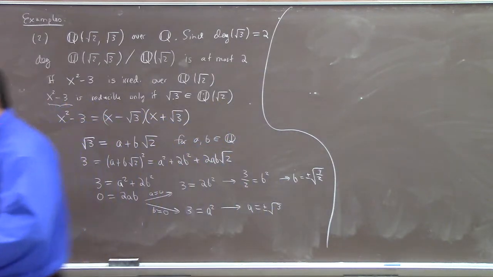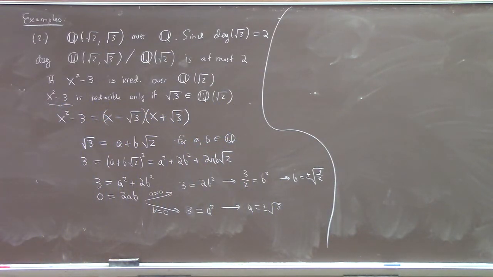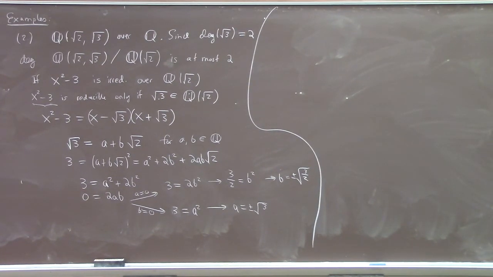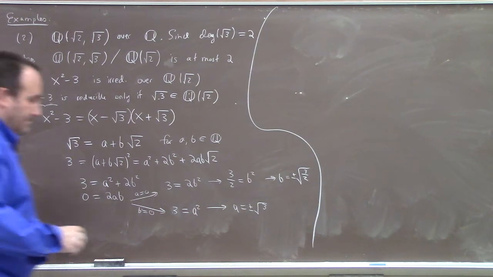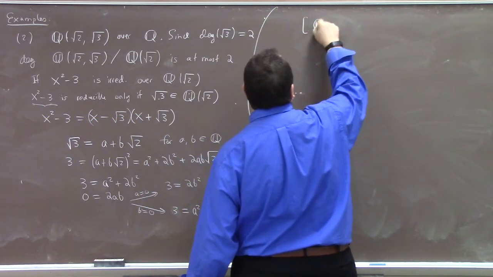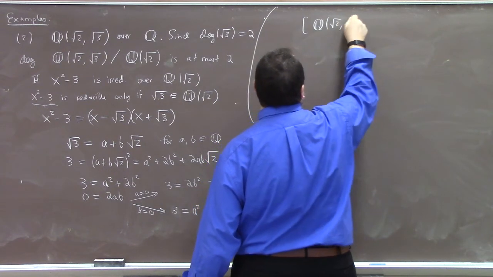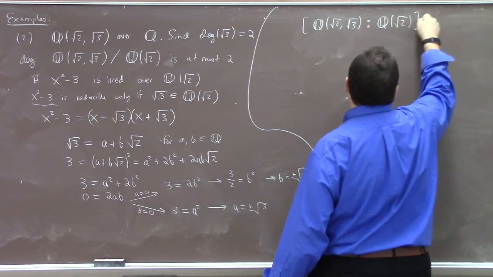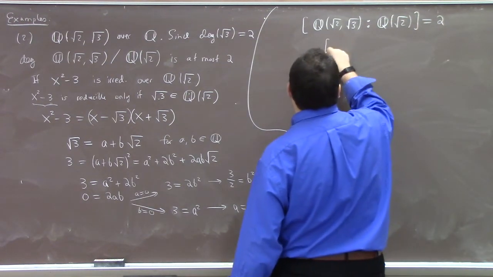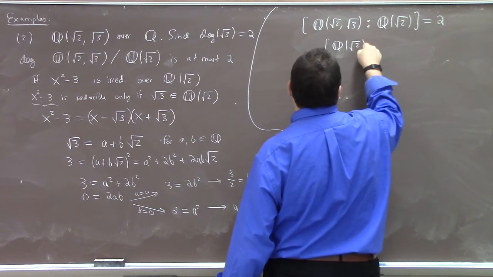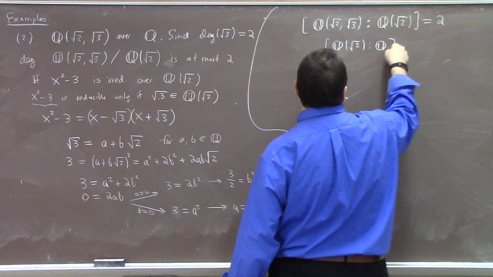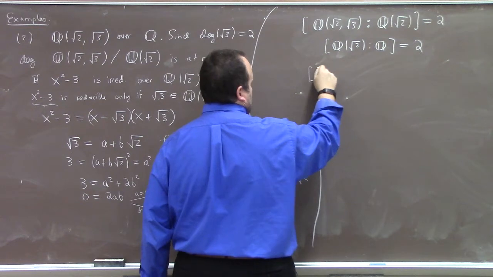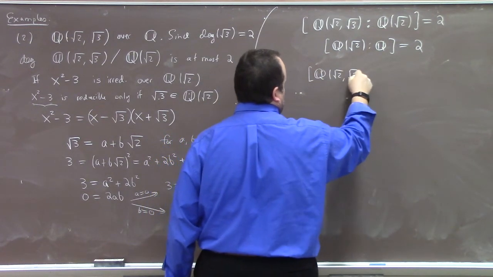The degree of the extension Q adjoin root 2 and root 3 over Q adjoin root 2 is apparently 2. And of course we know that the degree of Q adjoin root 2 over Q is 2. So what does this tell us about the degree of Q adjoin root 2, root 3 over Q?